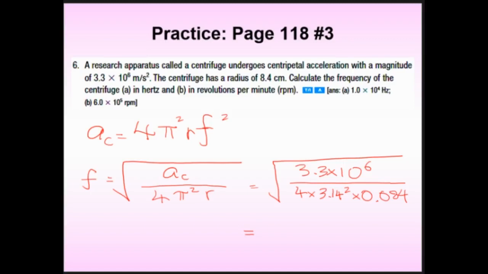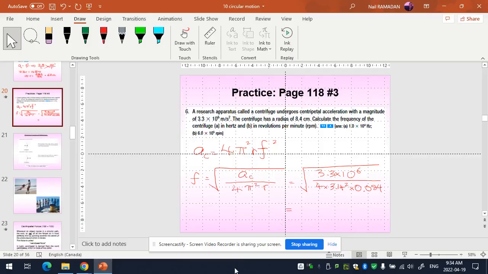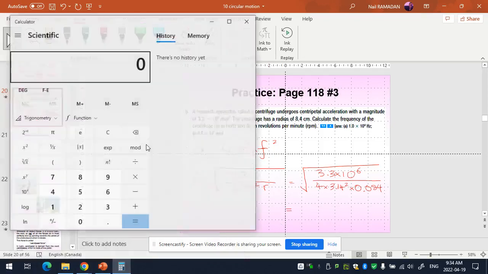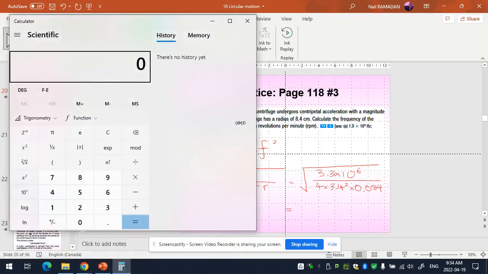Go for it. Please do it very slowly. Unless obviously you have the double display Casios or Sharps, then fine. But if you have a single display, please do it step by step. Like basically, I would recommend you do this part first. All right. I'll show you my way with a single display, because that might be relevant to so many of you. There we go.